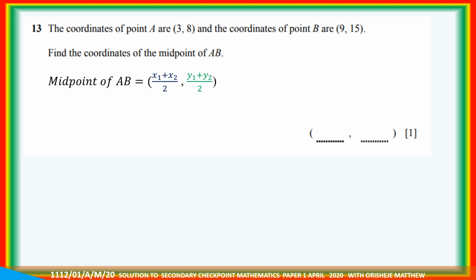For you to get the midpoint, all you need to do is add the corresponding x-axis values and divide by 2, and add the corresponding y-axis values and divide by 2. So x1 in this case is 3, x2 is 9, y1 is 8, and y2 is 15.